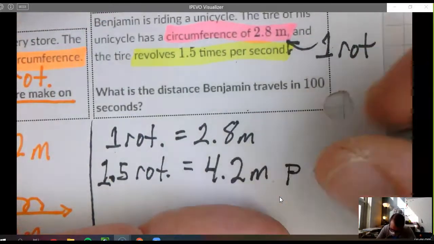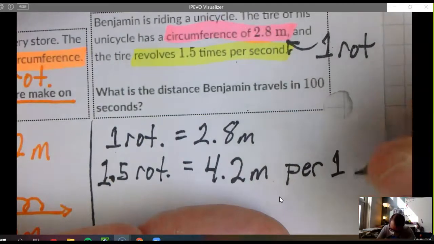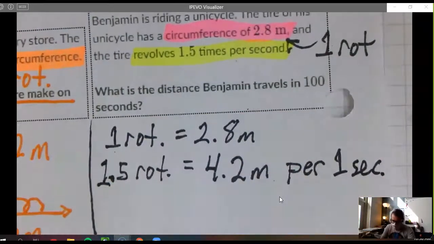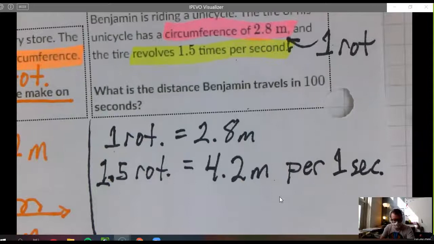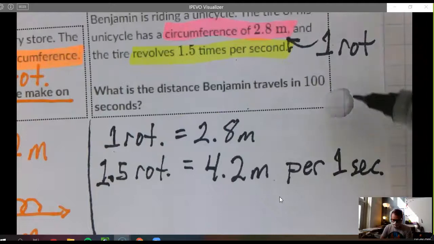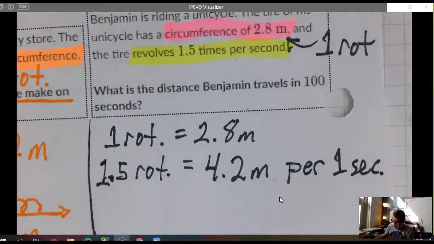So that's 4.2 meters per second. Any questions how I've gotten where I am now? All right, so then they ask us for 100 seconds.